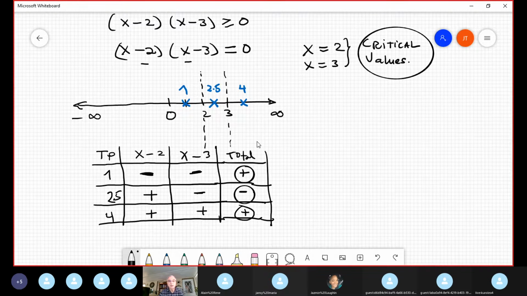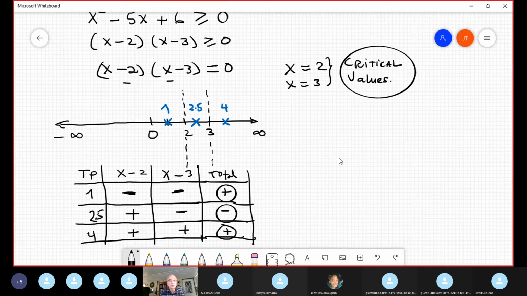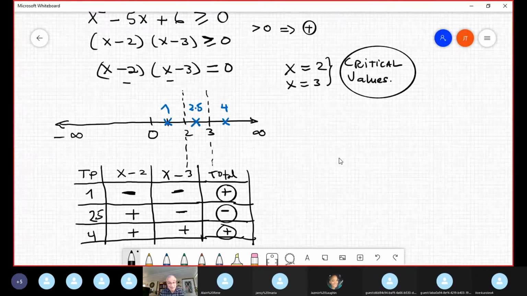Okay? So I come back to the beginning. Look at that. My inequality is greater than. To be greater than 0 means to be positive. The positive is the solution, and the negative is not. In this problem, guys, I promise we will discuss another problem with less than.